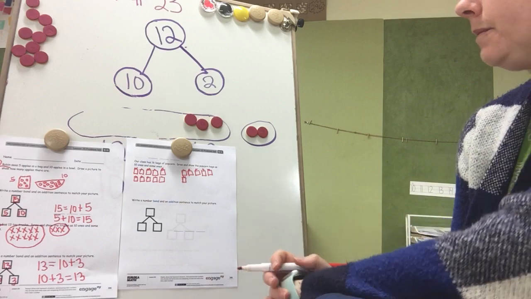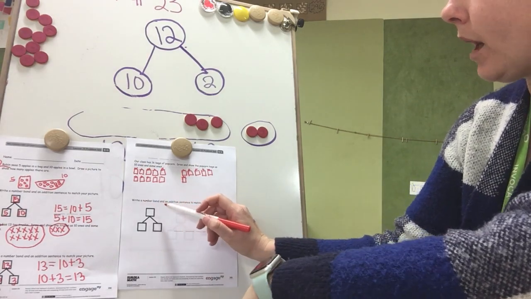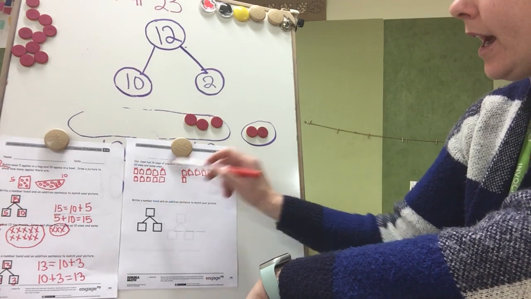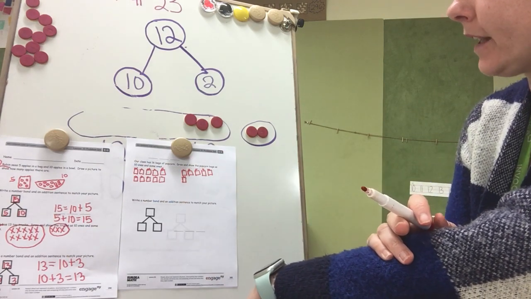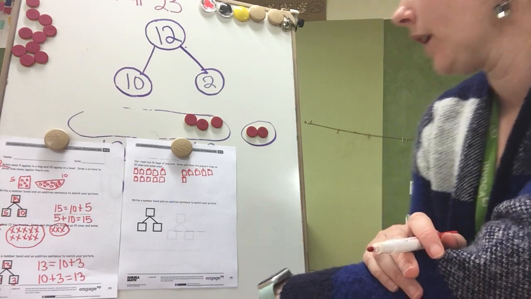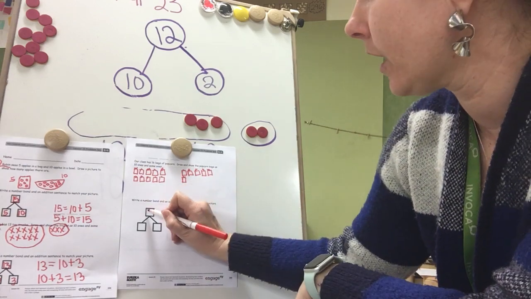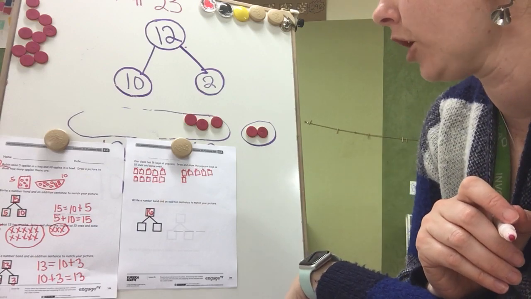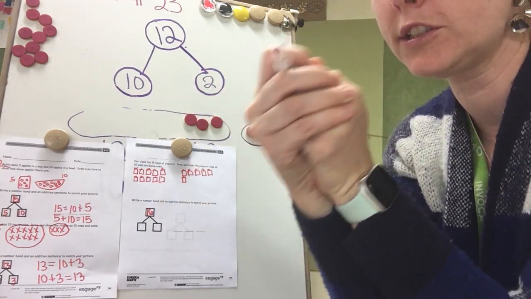Okay. Now, part 2. Write a number bond and an addition sentence to match your picture about the bags of popcorn. So, we know that our class had a total number of 16 bags of popcorn. So that's the total. We knew the total to start.